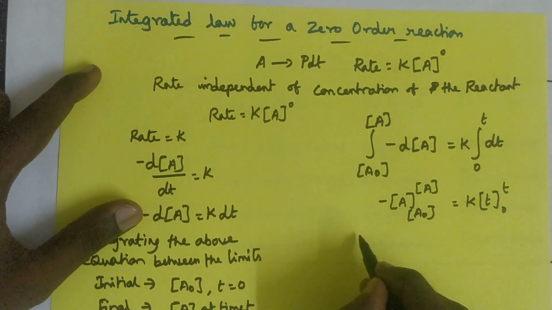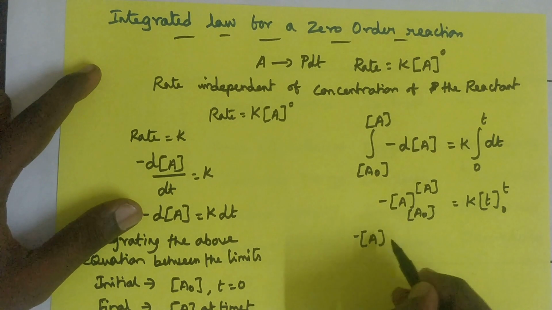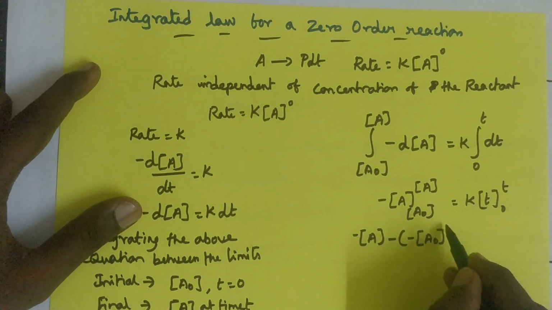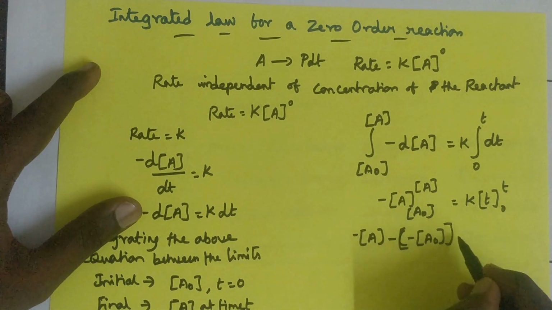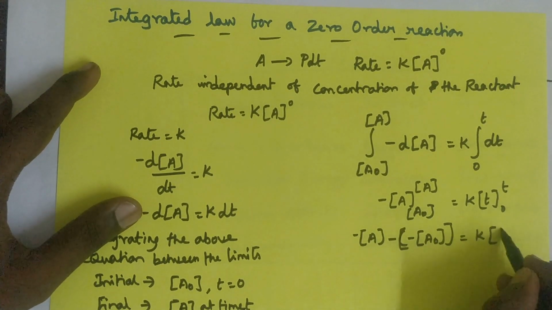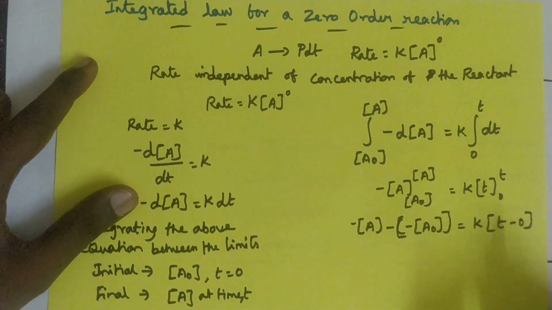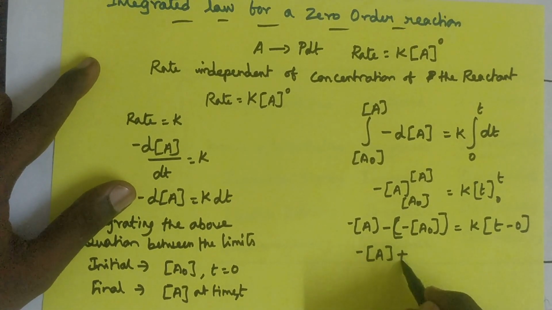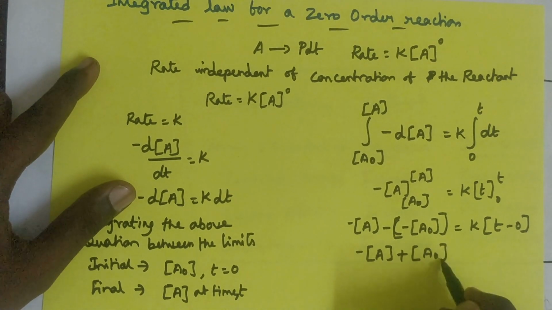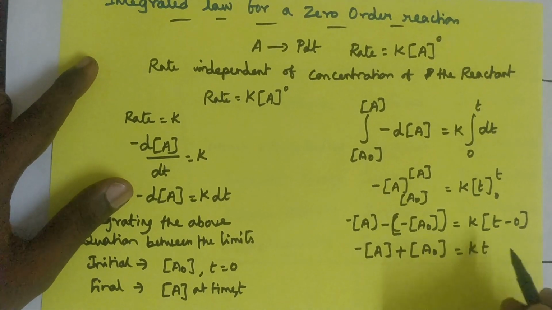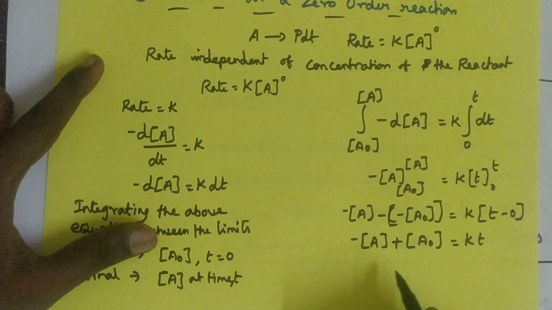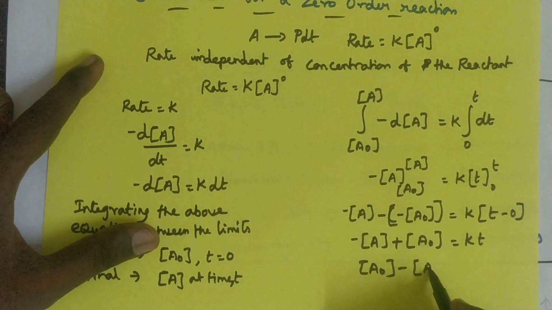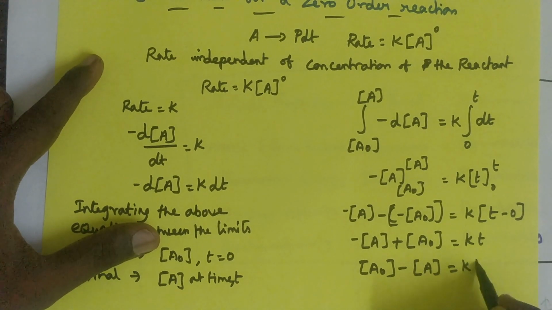Substituting the limits, you get minus concentration of A minus concentration of A naught equal to k into t minus 0. So minus A plus A naught equals kt. This you rewrite as concentration of A naught minus concentration of A equal to kt.